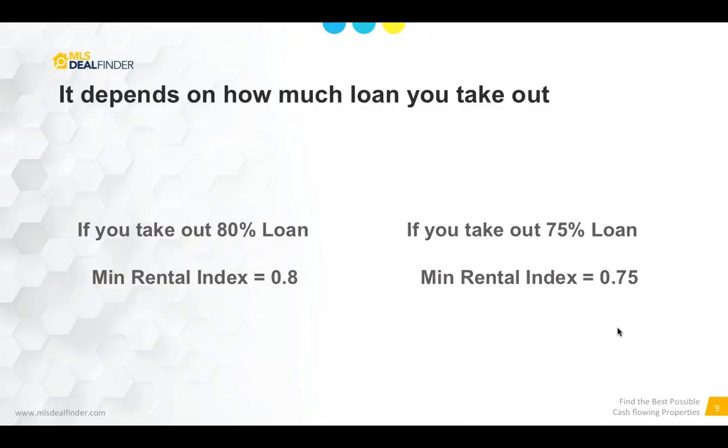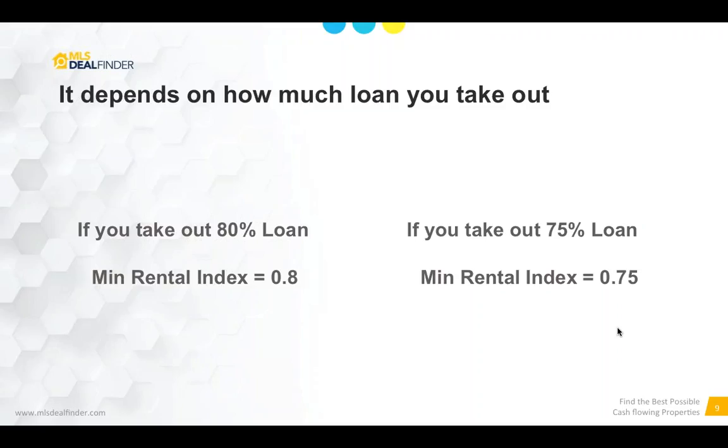On the other hand, if you are taking out 75% of the loan and you're paying the other 25% in cash, then your minimal rental index is actually lower, 0.75. Think about this for a second. Another way to look at it is that if you're putting more cash down, you're owing less money. And so you can look for houses that can bring you a little less cash flow because you need less cash flow to pay off all the interest and all the costs of owning that house.